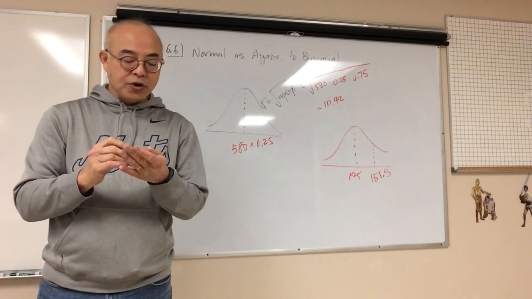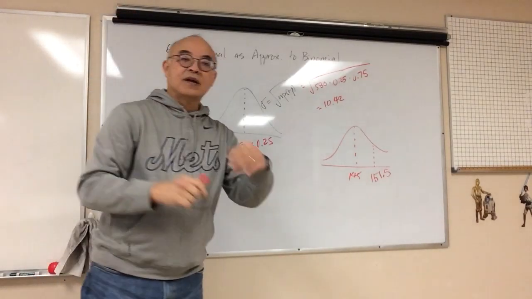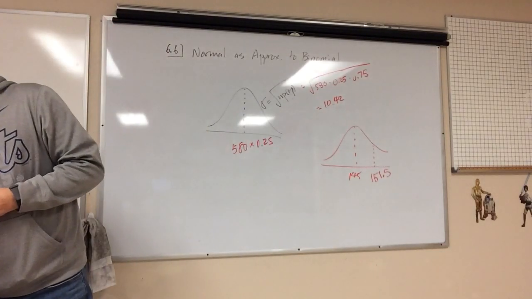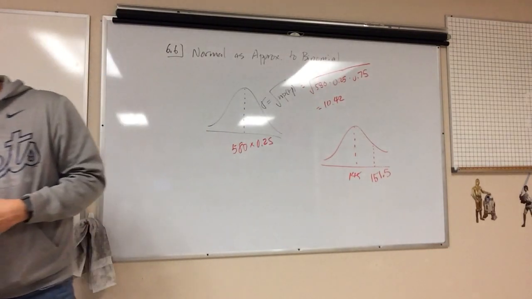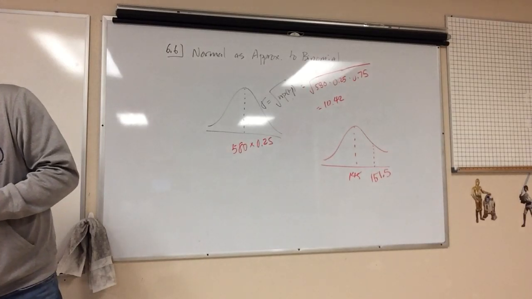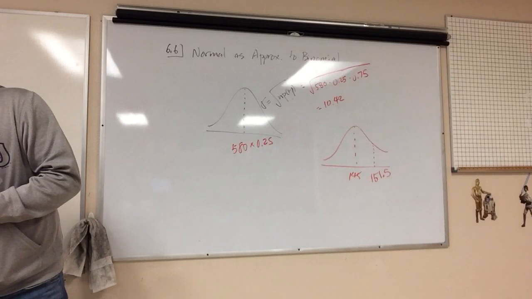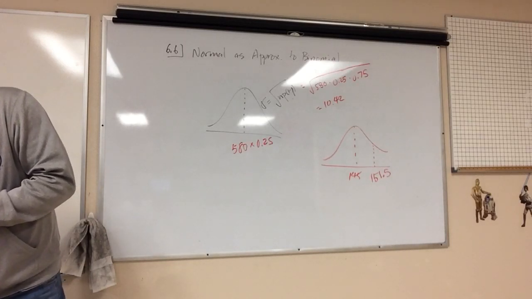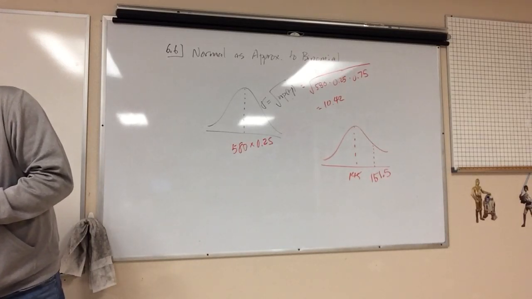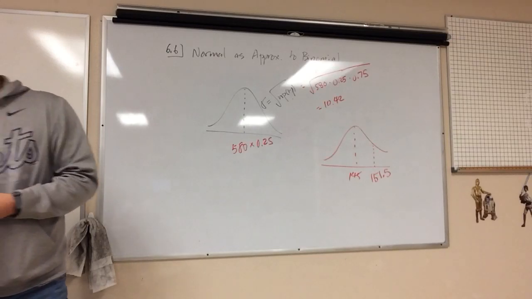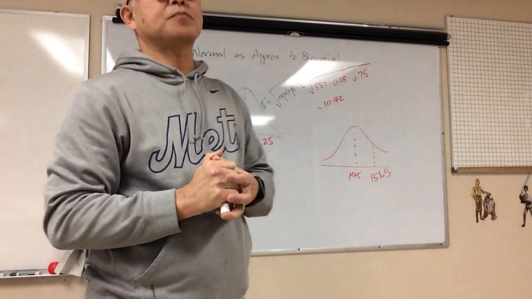In other words, since we're going from a discrete to a continuous one, let's read that one more time and see if it makes sense. When using the normal approximation, you adjust the discrete whole number x by using a continuity correction, so that any individual value x is represented in the normal distribution by an interval between x minus 0.5 to x plus 0.5.